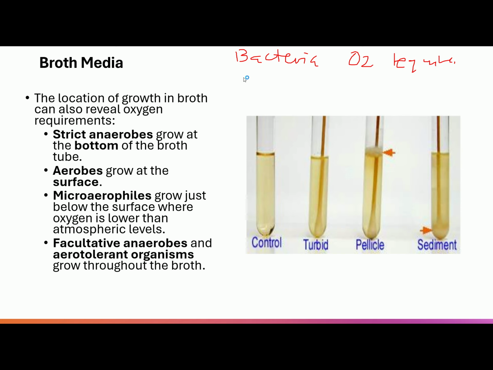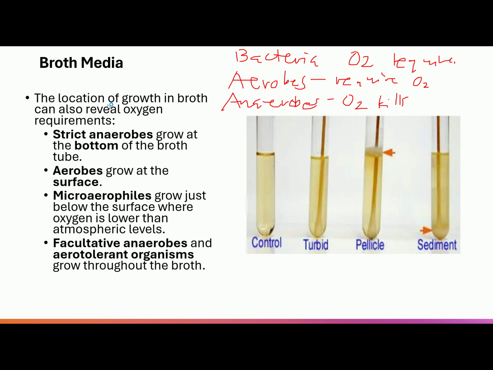Now, the thing you need to take note here is the so-called aerobes and anaerobes. Pag aerobes, they require oxygen for growth. Pag anaerobes, presence of oxygen would kill them. So, bawal ang oxygen.